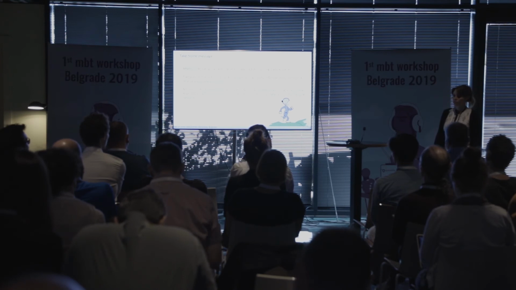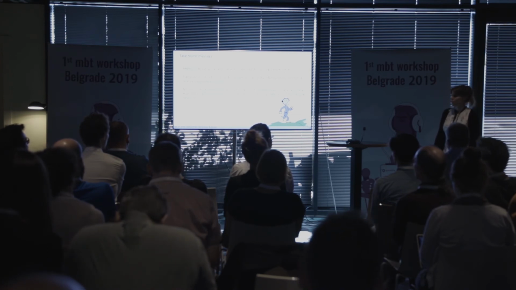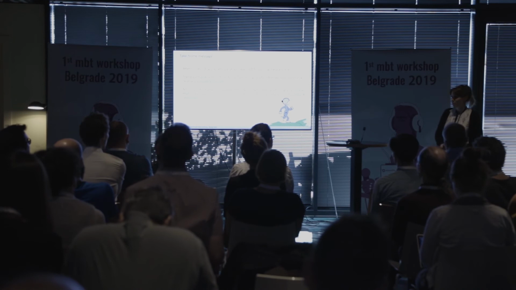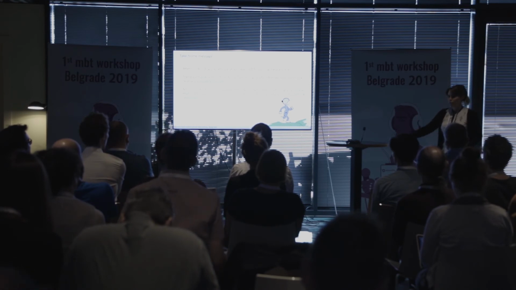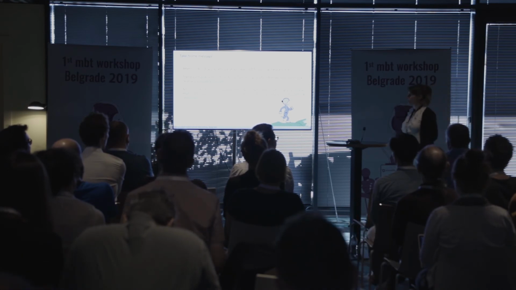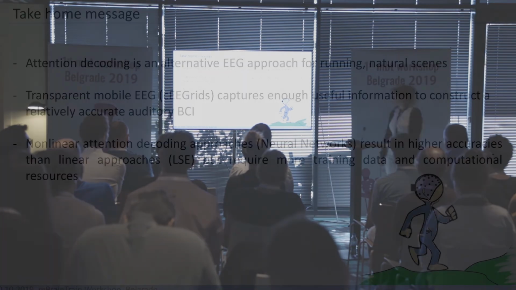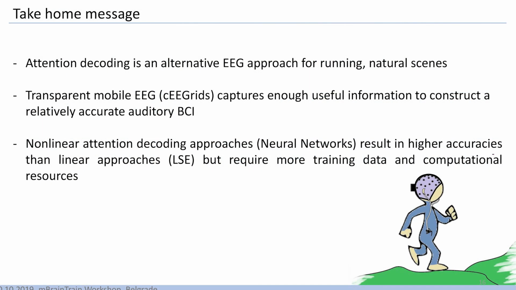We don't want our algorithm to reduce the amplitude of the speech that you actually want to listen to by mistake. This comes, of course, at the expense of more training data and computational resources, but I believe that's worth it.